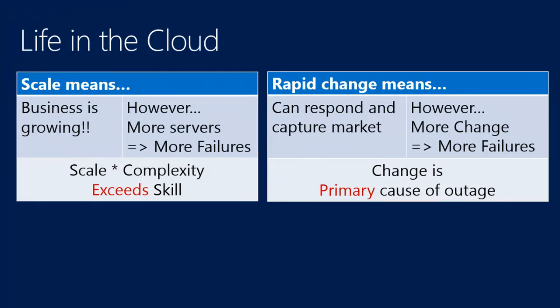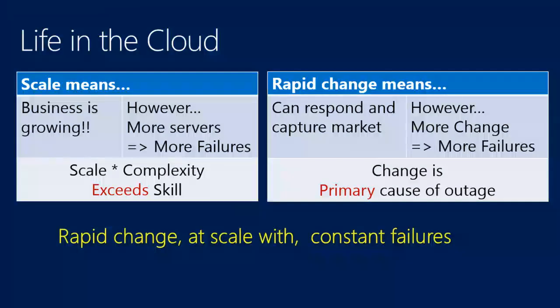And I think everybody here will agree, when things break, they break because something changed. And this combination essentially leads to rapid change at scale with constant failure from a management perspective in cloud. And that's where DSC comes in. It simplifies your complexity to a certain extent so you can scale and keep making changes at a rapid pace.